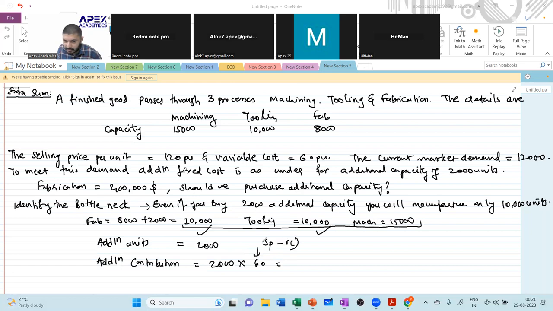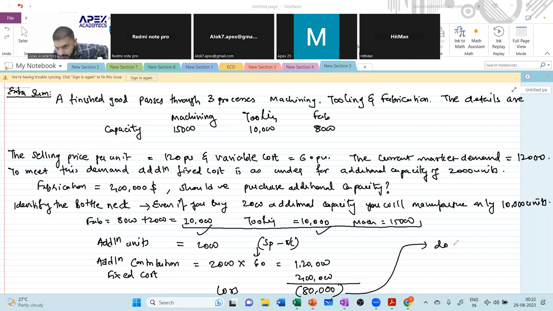Selling price minus variable cost. Alok, I'm not going to leave you until you respond. Do you understand? What did you understand? Contribution excluded the variable cost.